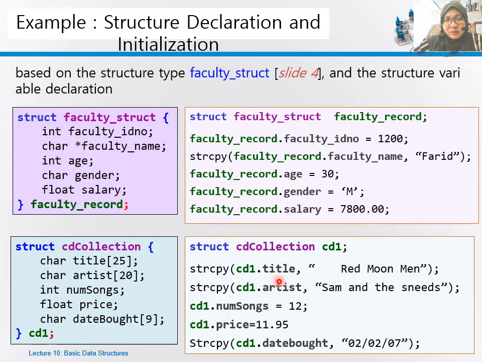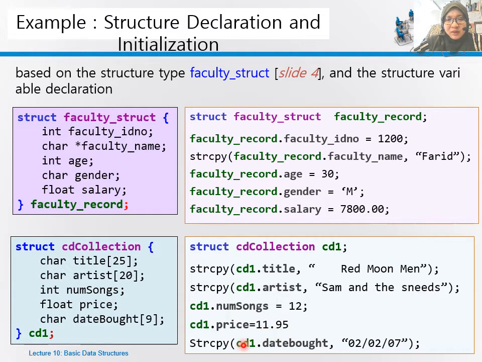You have CD1 dot title. You copy the Red Moon Man into this title, which is of size 25. Then the second one is the artist, Sam and the Sneed, into the artist for the second member. You have CD1, the num song is 12, CD1 price is equal to 11.95.